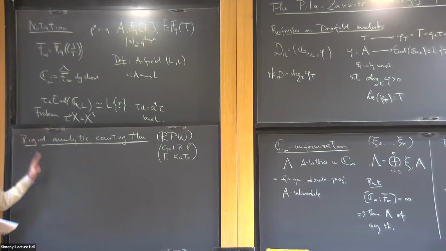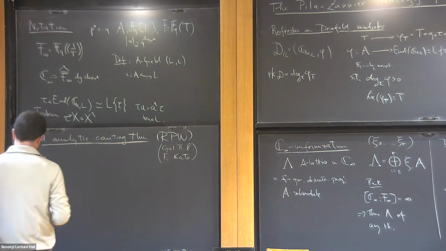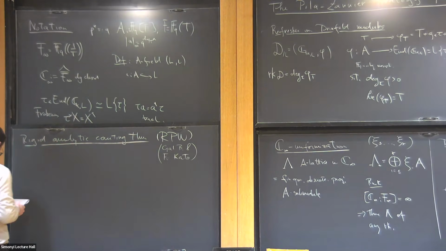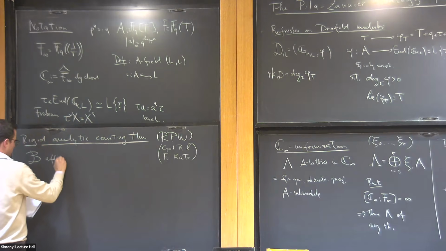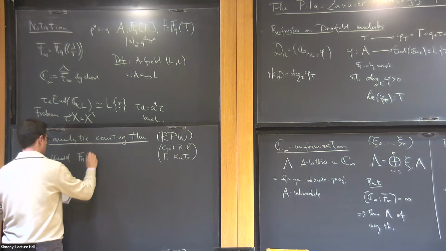Rigid analytic means we need to work in the category of rigid spaces. Now we will denote by curly B an affinoid F_q[T]-algebra.